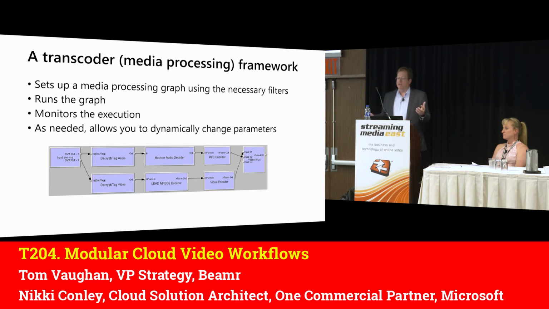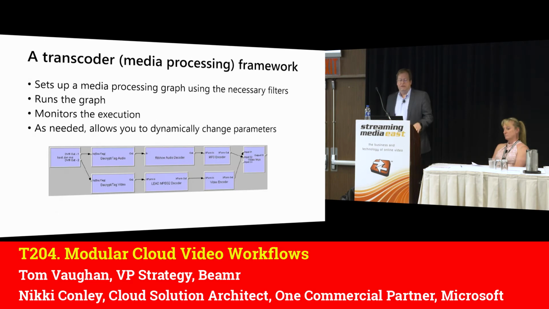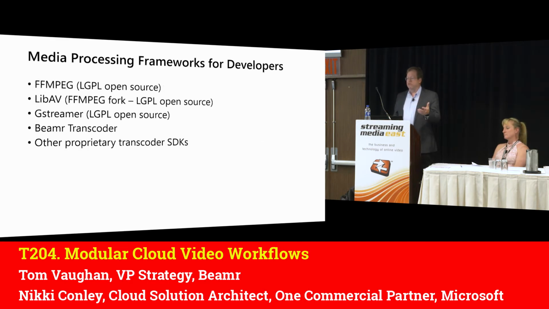So that framework needs to figure that out, set the job up, run the job, keep everything operating smoothly, make sure, of course, that the outputs from step A are compatible with the inputs of step B, and monitor that execution, allow you to dynamically change parameters in some cases on the fly as needed. There are a lot of basic tasks that this needs to do.